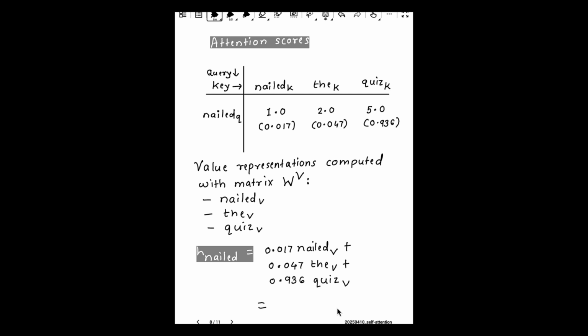Now remember, each of these representations are vectors. Suppose these are 100-dimensional vectors. Then our final representation is also going to be this 100-dimensional vector. So that's how we calculate this d-dimensional vector that reflects not just the identity of nailed, but also its meaning in the context of the given sequence.